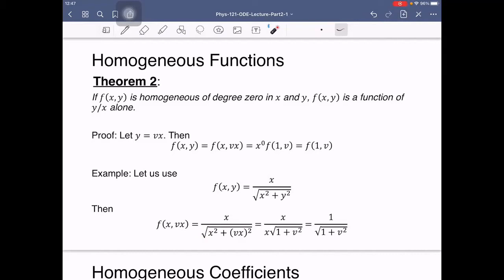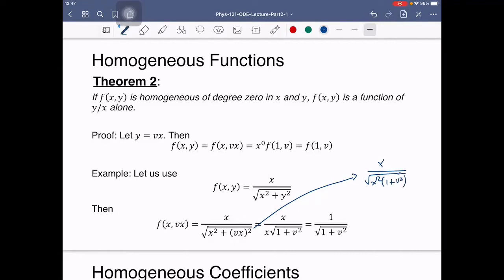So pag pinalitan natin yun, we can see na pwede nating factor out yung x. Kasi mayayari dito, no? Magiging x over square root of x squared times 1 plus v squared.